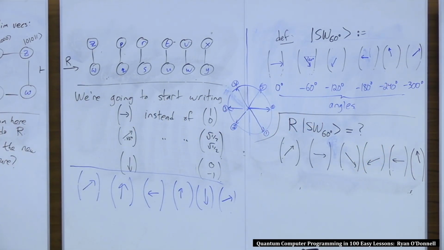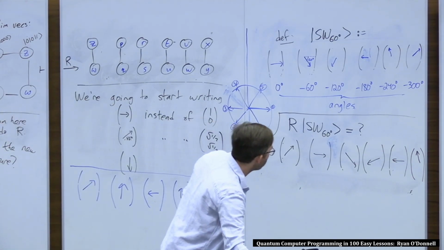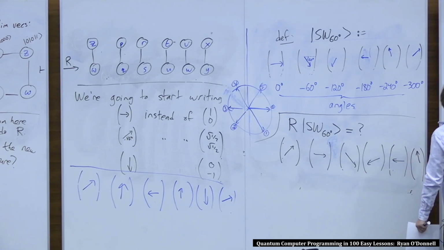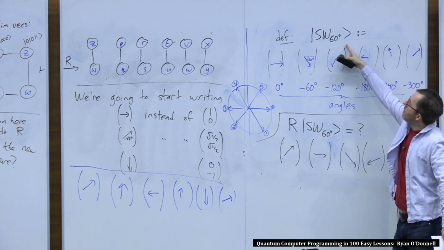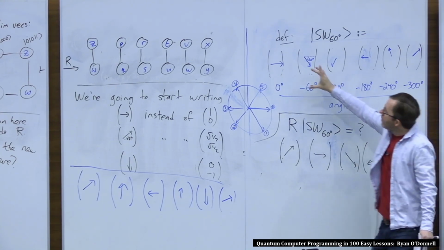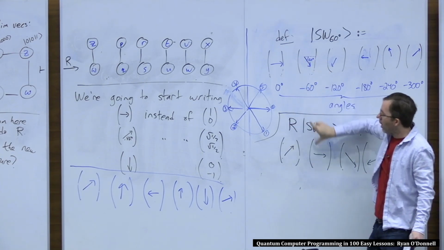So it has this steering wheel type property, which I'll now write, which is that if you somehow got yourself into this amazing state, and then you applied R, it would have this really simple effect of just doing a 60-degree rotation on the B qubit.